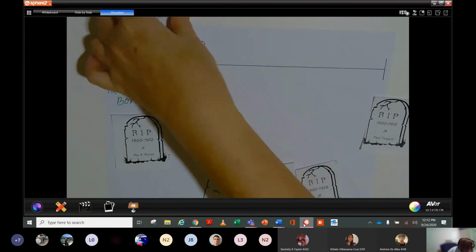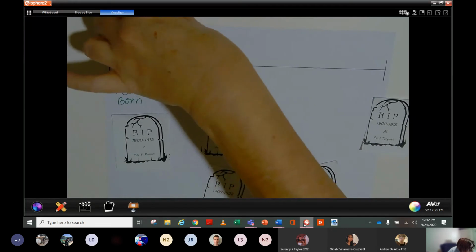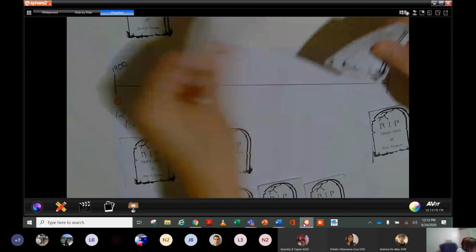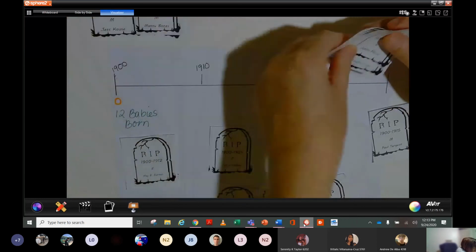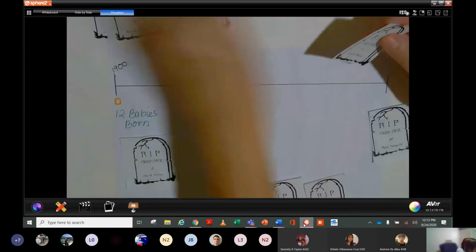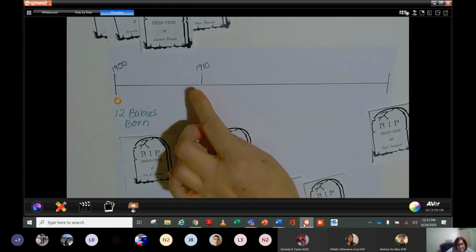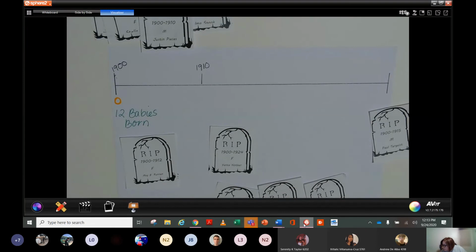So basically there are 6 of the original 12 people, put them up here, they all died in between 1900 and 1910. So basically they did not survive past 10 years old. They died here. Oh, it's okay, Cynthia, no worries.